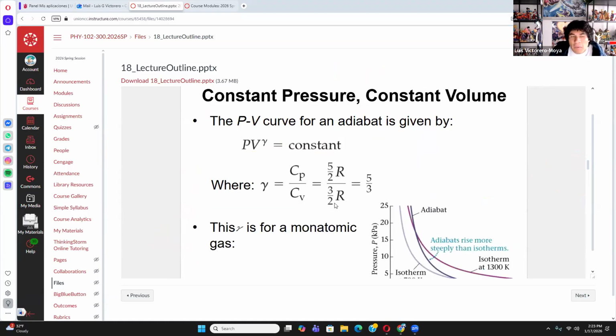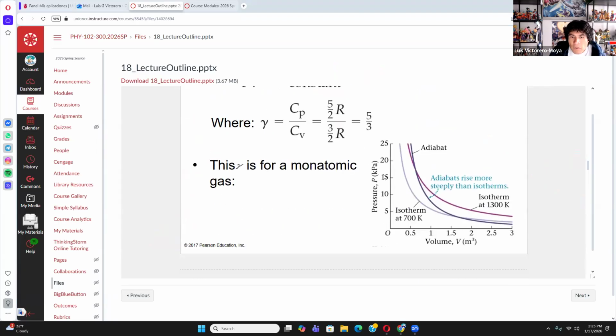But sometimes we don't need to worry about that because we have gamma, since gamma is defined as Cp over Cv. So we have the exponent here. If you have the exponent, then it's sort of irrelevant, right? We can just find the behavior of the adiabatic process. For monoatomic, that's the case.